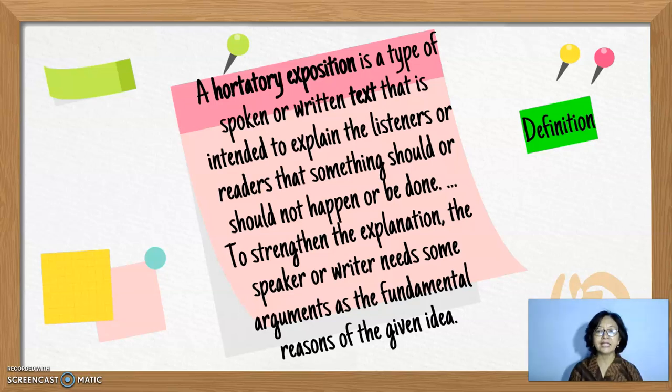To strengthen the explanation, the speaker or writer needs some arguments as the fundamental reason of the given idea. Untuk memperkuat penjelasan atau pemaparannya, maka pembicara atau penulis perlu mencantumkan argumen-argumen sebagai dasar alasan yang diberikannya.